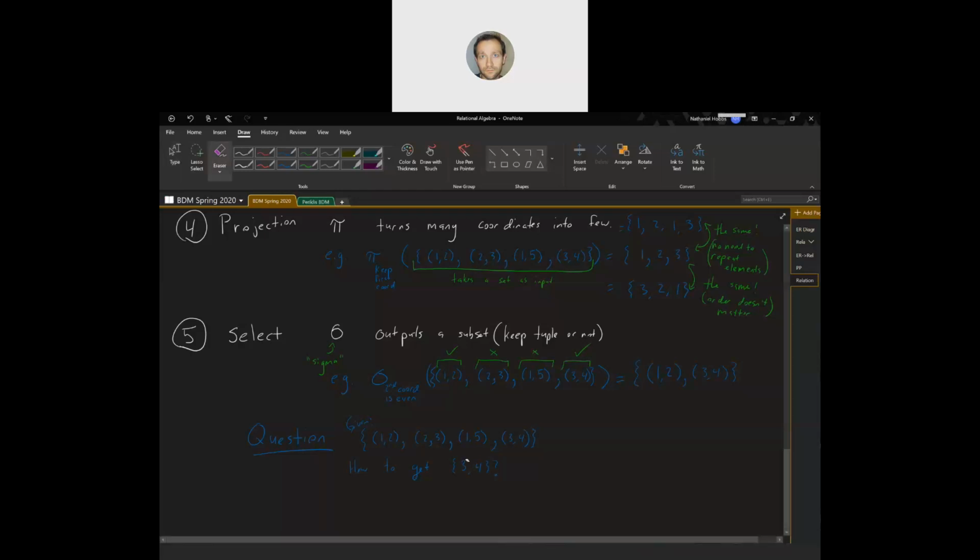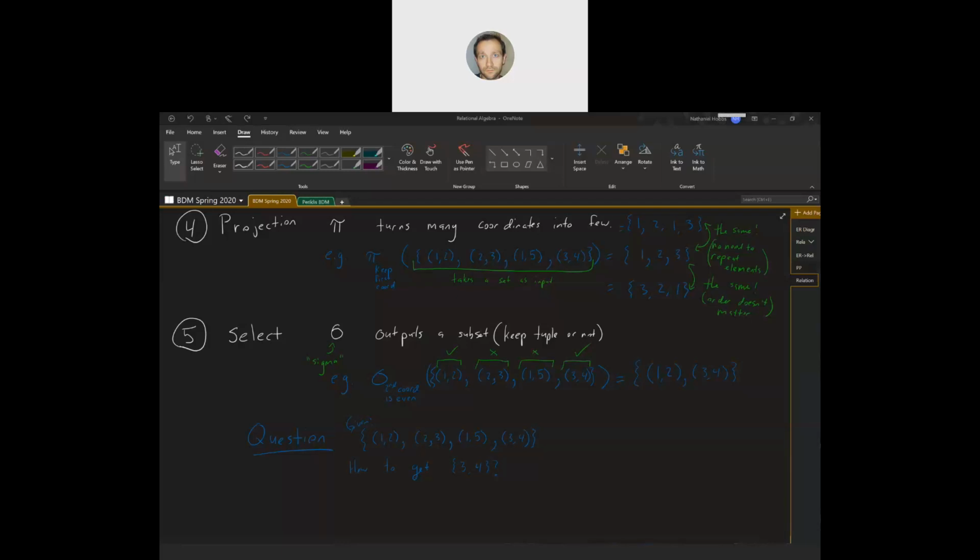No, 3, 4. If you're still working, can you just type still working? Okay.